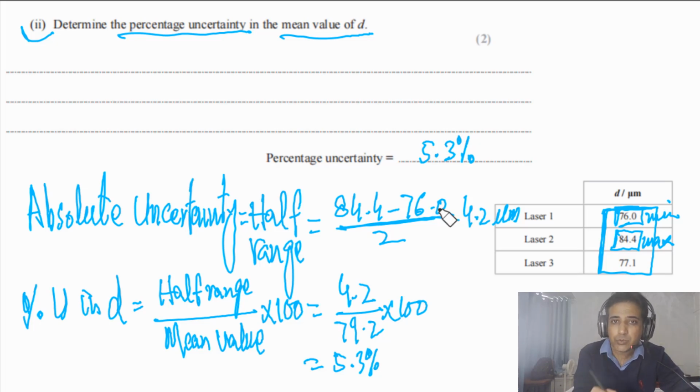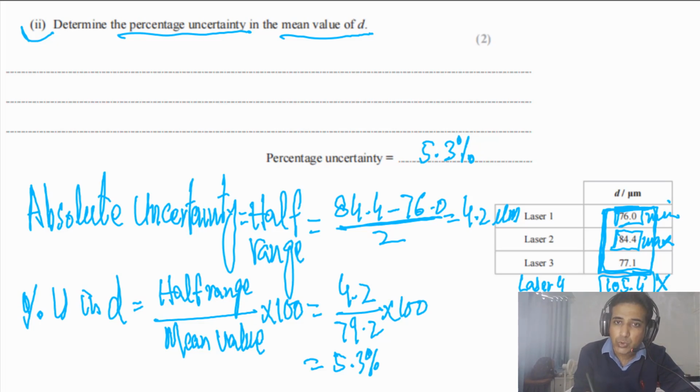But one thing we need to understand: let's say we have more readings. Let's say we have laser 4 and this answer is 105.4. You can see this data is very close to each other, but this value is totally different. So this is an anomaly, due to error in measurements; you can say this is an outlier.